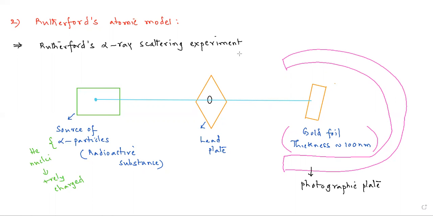Let me show you. Of course, very few of them went in straight lines without any deflection. They entered the gold foil and went in a straight line.